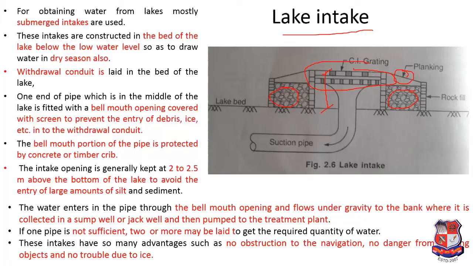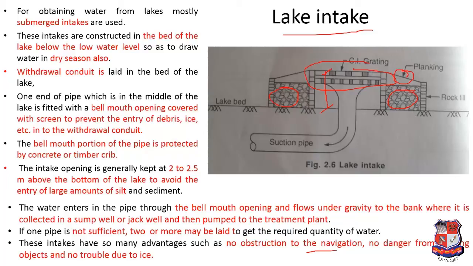Now, as this is purely submerged in water, you can withdraw water even when there is a low water level in your lake. As this lake intake is provided below water level, there is no obstruction to the navigation channel, no danger from floating objects, and no trouble due to ice. This is one of the best advantages of this kind of submerged intake or lake intake.